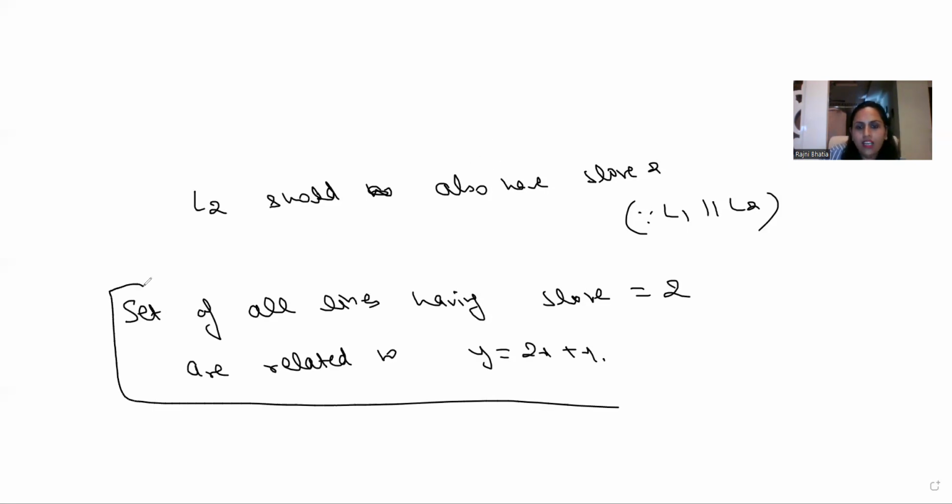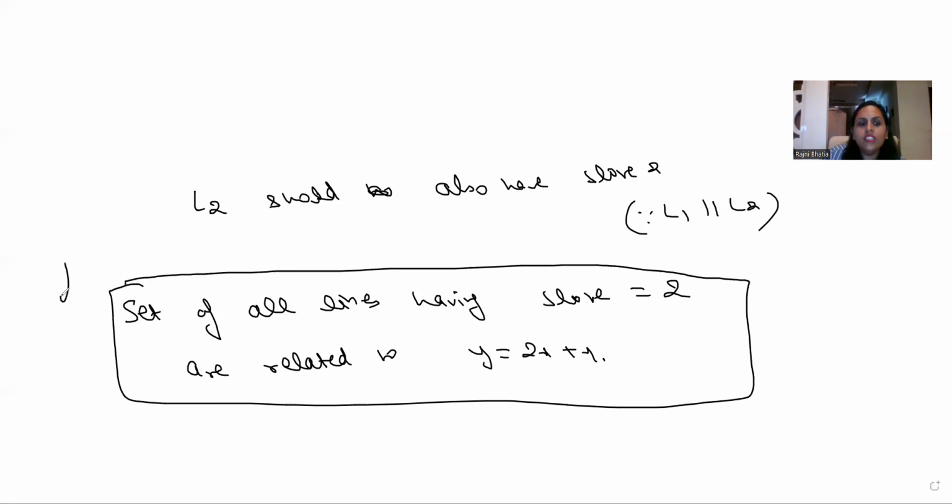So this is our answer. This is our concluding statement, that the set of all the lines having the slope 2 are related to y equals 2x plus 4.